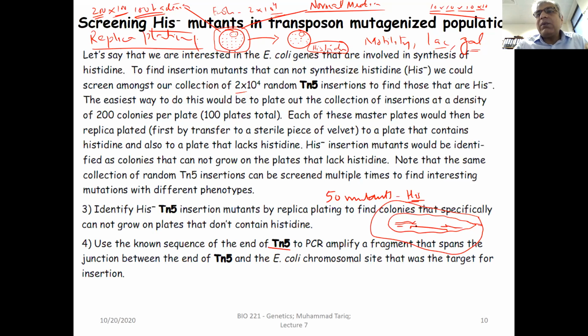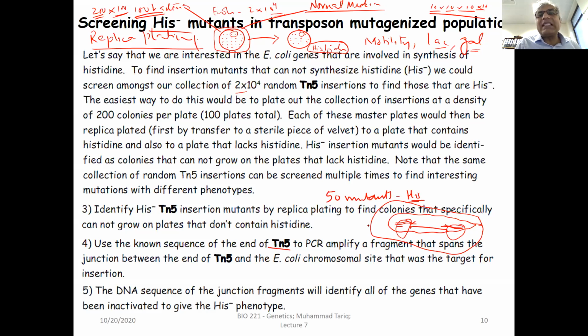Once you know the sequence of this PCR product, you will compare it with the bacterial genome and get the flanking sequence of Tn5. This flanking sequence will tell you which gene in bacteria is precisely disrupted or mutagenized by Tn5 and has caused the his minus phenotype. Is it clear to all?